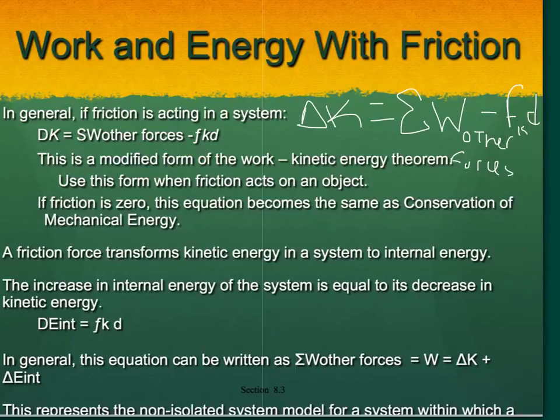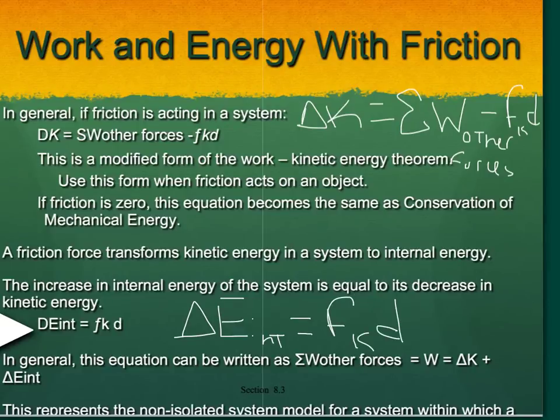Because of that, we get this formula: our change in internal energy, which has to do with that frictional force, is simply equal to the kinetic friction times the displacement. So the change in kinetic energy should be equal to the work done by all of the forces other than friction.